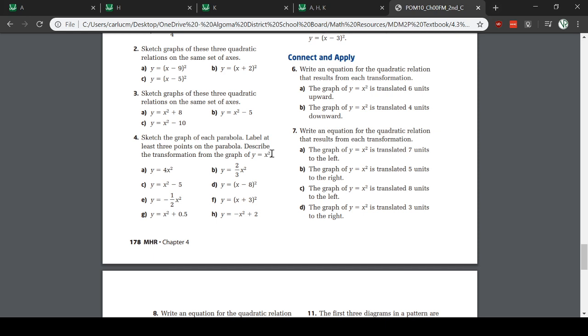And then part A, sketch that one in. This is just going to narrow the graph. Y equals 4.